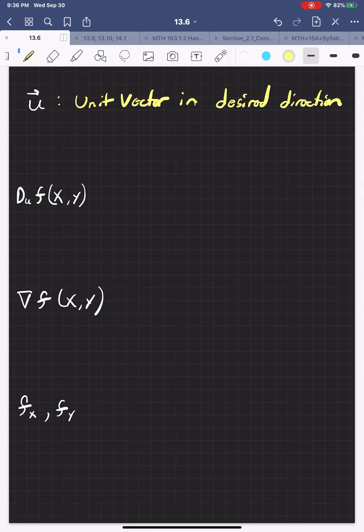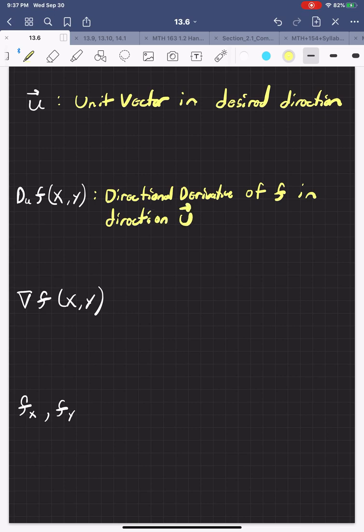Now the D_u, what was this? This was the directional derivative. It's the derivative of f in direction u. It's not a vector.